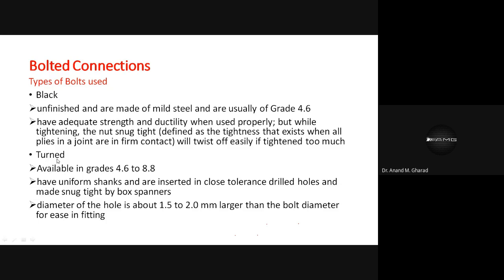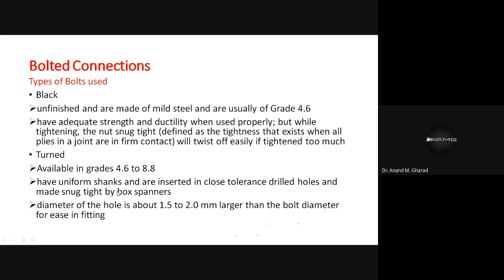Whereas turned bolts are available in grades of 4.6 to 8.8. So you can get variation as far as turned bolts are concerned, and the grades which we can make use of vary from 4.6 to 8.8.